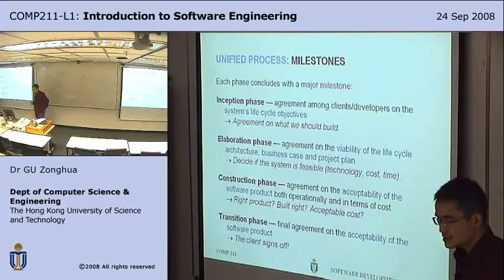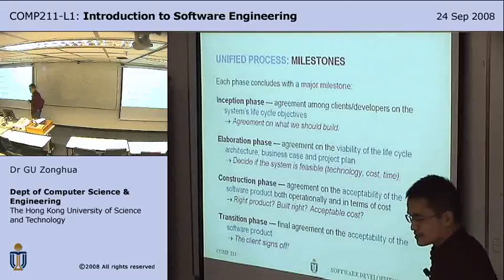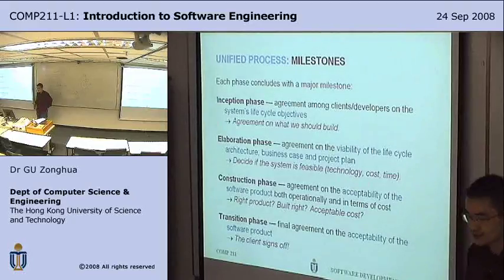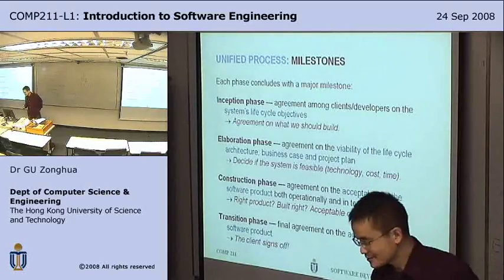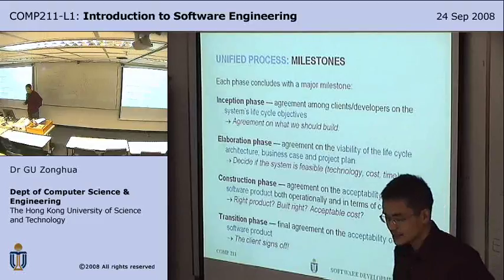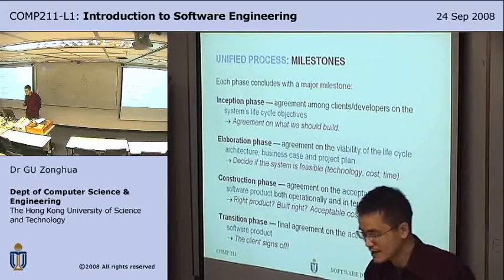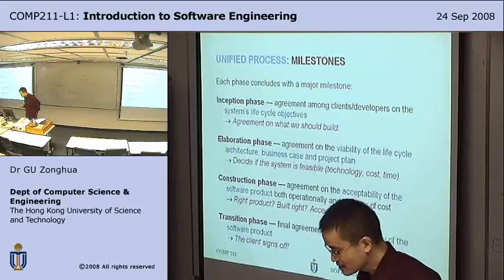So the right product is a product that the client wants. Did you build it right means, does it have a lot of bugs? Does it work? Sometimes you may have a perfect software system with 0 bugs, yet it's not the right product because it's not what the client wanted. So both the right product and built right are important.